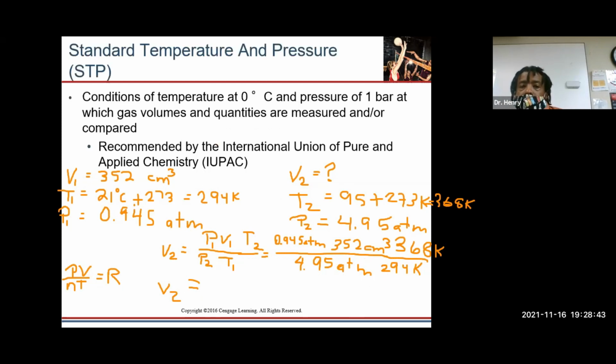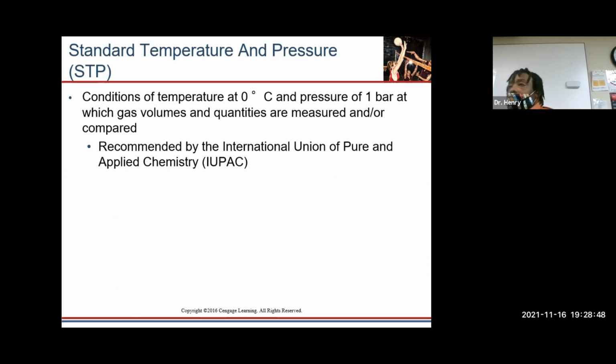Okay, so STP. STP stands for standard temperature and pressure. So standard temperature is 0 degrees Celsius and standard pressure is 1 bar. Okay, 1 bar and 1 ATM are almost the same. 1 ATM is equal to 1.013 bars.